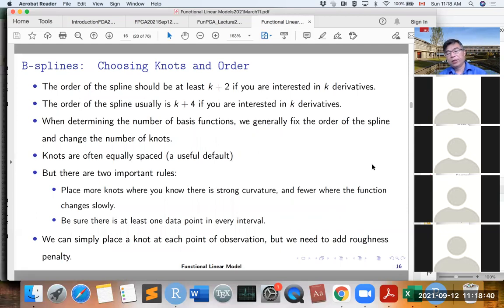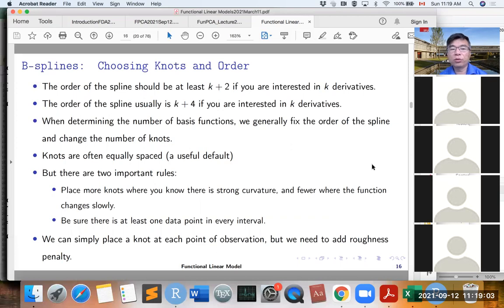So we know that the cubic B-splines is decided by the location of the knots and the order. The order will be chosen depending on what derivative of the function you want to estimate.